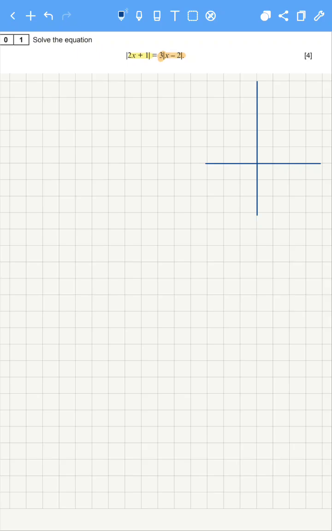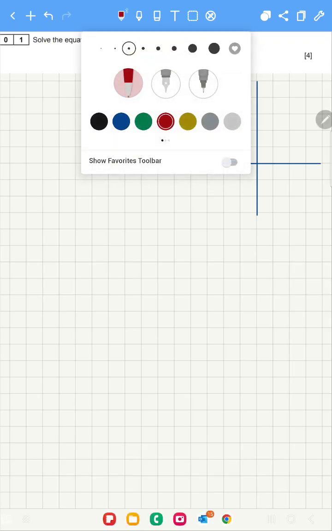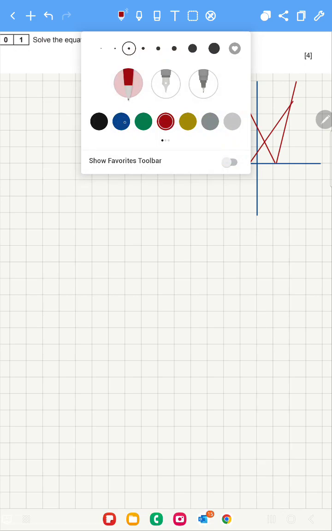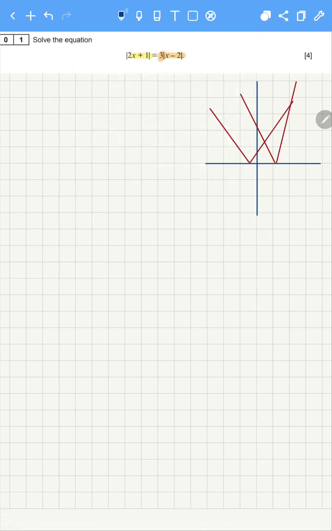So we've got a lower gradient that hits at a half, and then a taller gradient that hits at minus 2. So it's going to go like this and bounce up. So there are 2 points of intersection, one close to 0 and one further away, and that's what we're going to be looking for.